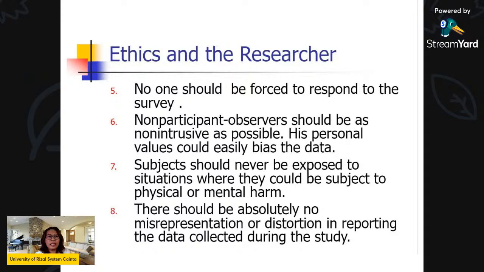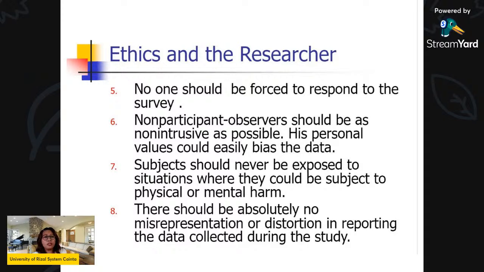Next, ethics and researcher. No one should be forced to respond to the survey. Meaning to say, voluntary ang lahat ng pinakasagutan natin. Hindi natin siya forced to respond. Okay? Non-participants of the survey should be treated as inclusive as possible. His personal values could easily bias the data.